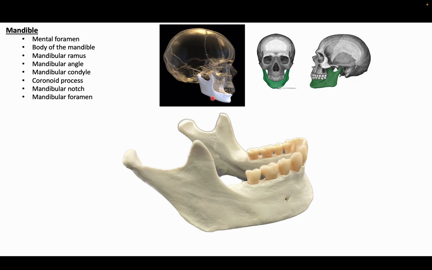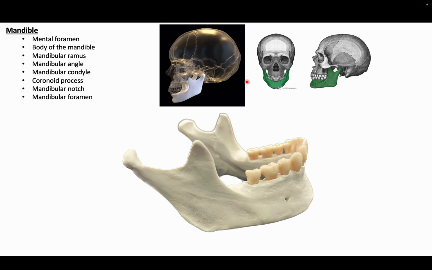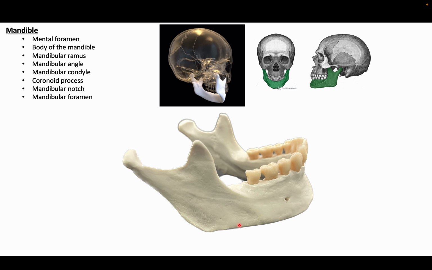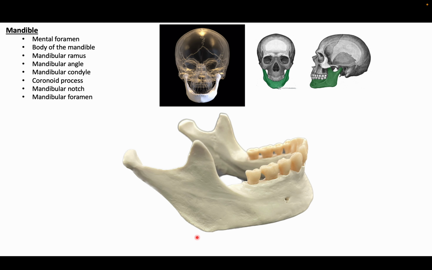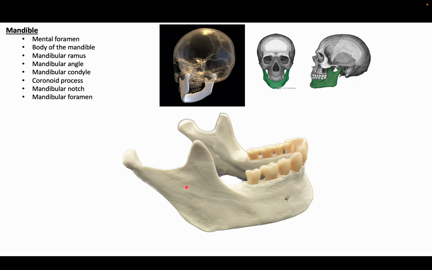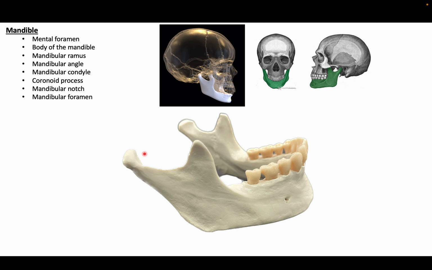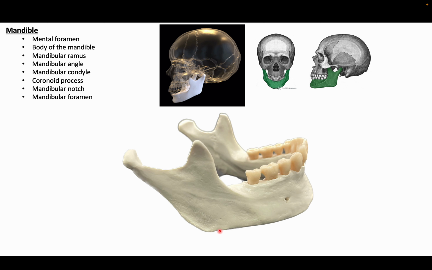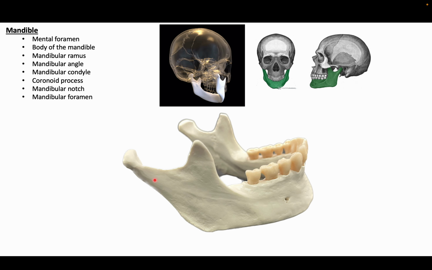Within the mandible, I want to point out three main regions first. The biggest region, this entire area, is the body of the mandible. This angle is the mandibular angle. This region is the mandibular ramus, and this portion is the mandibular condyle. The mandibular angle separates the body of the mandible from the mandibular ramus.